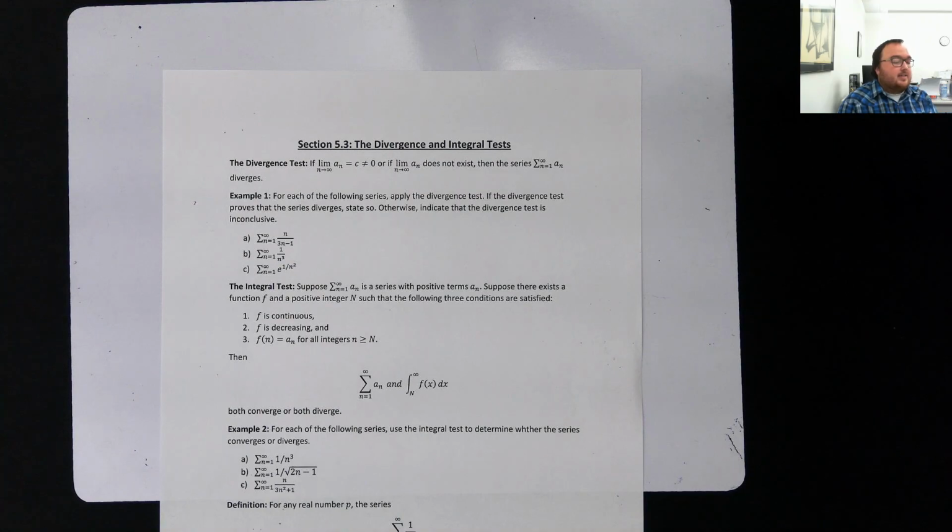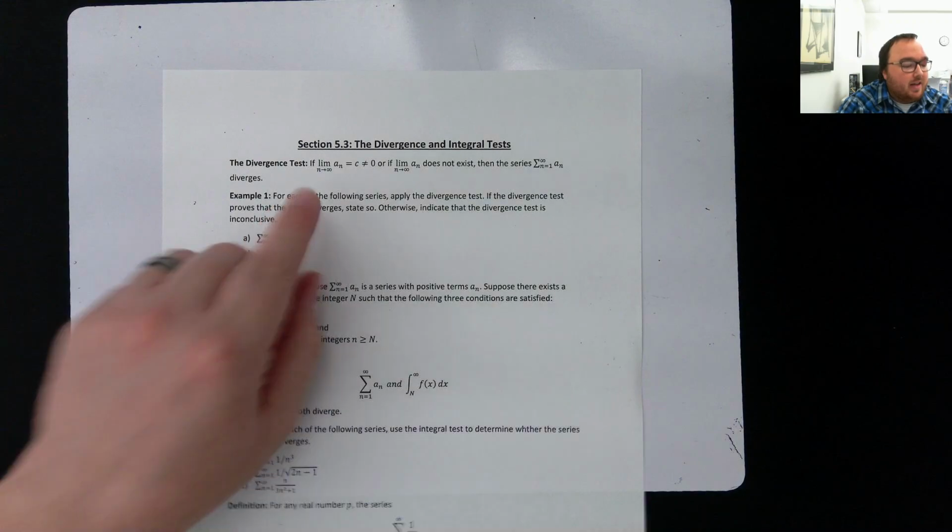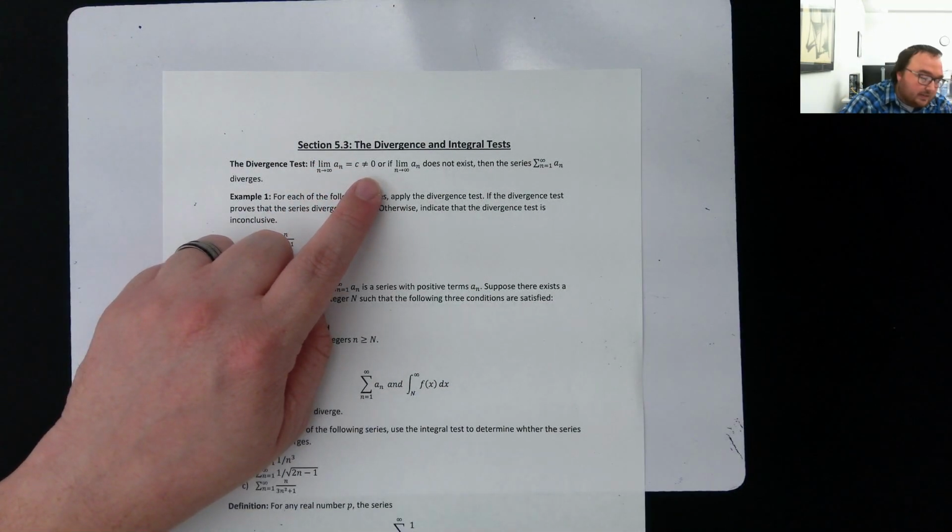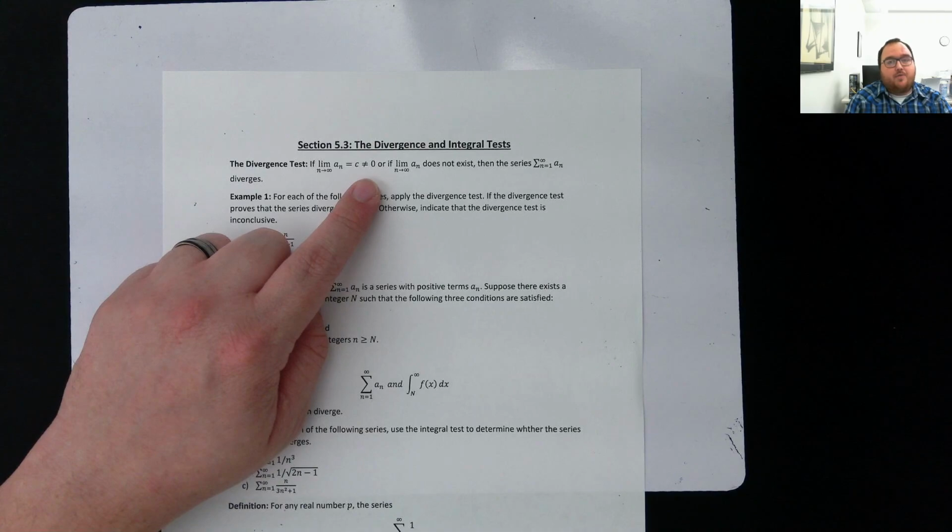What this test says is if the limit as n goes to infinity of a_n is equal to c, and that c is not equal to 0, or if it does not exist, then it's going to diverge. So what does this mean? If the limit is something other than 0, it's going to diverge.